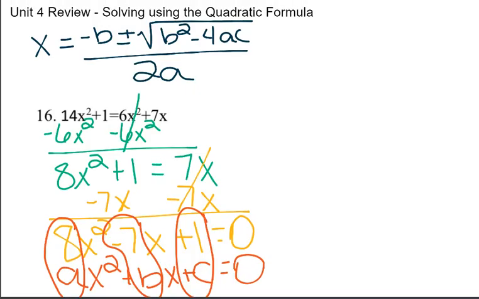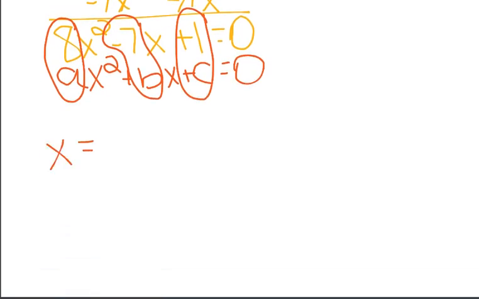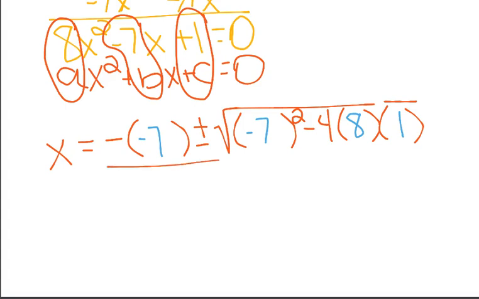All right, so now I'm going to be plugging it into this formula right here. X equals negative b. So for b I'm going to plug in negative 7, plus or minus the square root of b again squared, minus 4 times a, plug in a, which is 8, times c, which is 1, all over 2a.